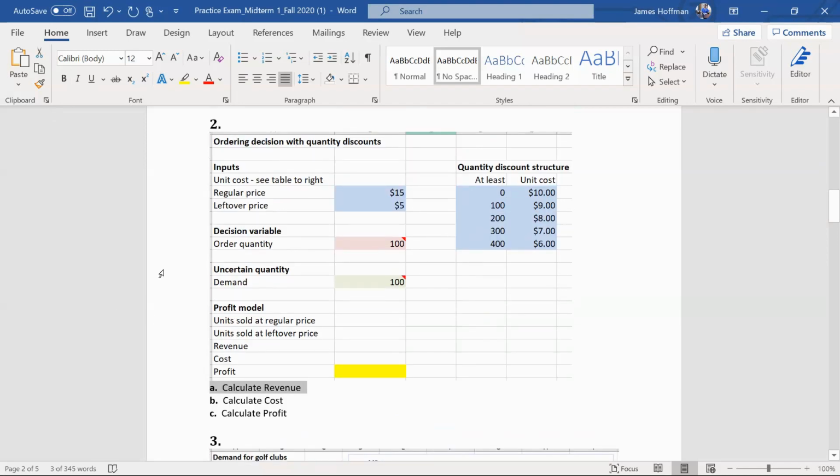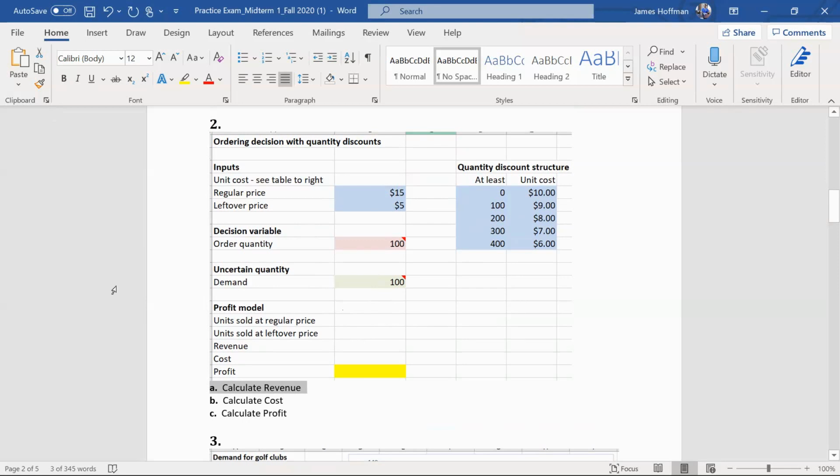here's the calculated revenue. Alright, so revenue is based on how many books are sold, and, well, I guess we have to figure out first how many books are sold at regular price and how many books are sold at leftover price.